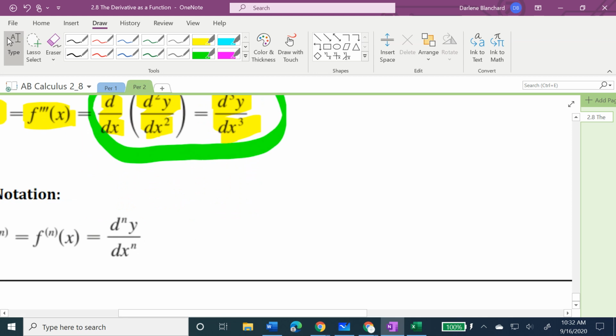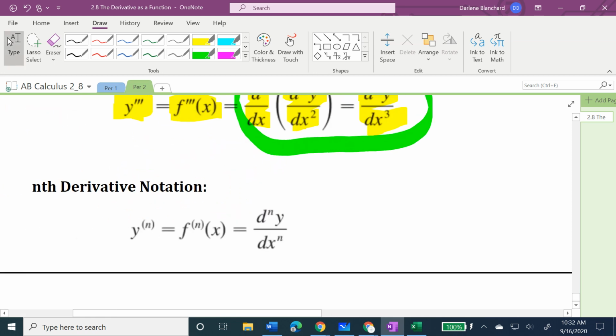So we stop using the primes and we begin writing a parentheses as a superscript with the derivative order written in that. So just to make sure you're clear, if I wanted to say fourth derivative, I would need to do that or that.